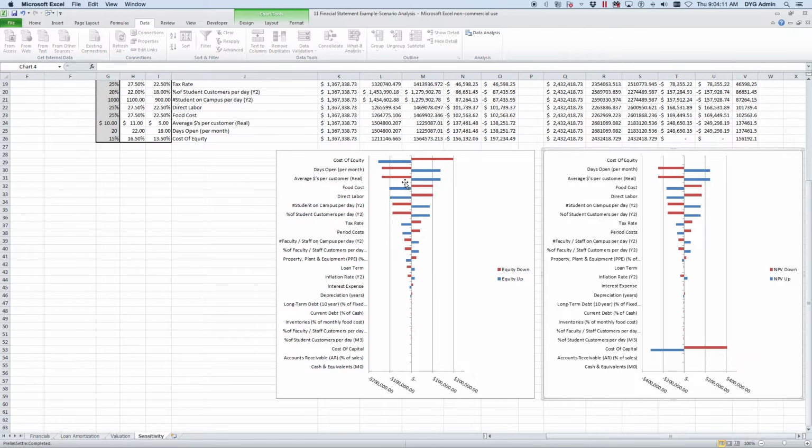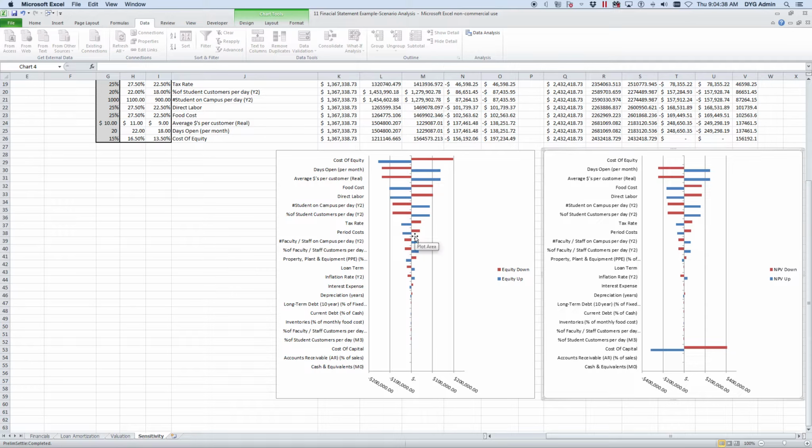It's a little bit confusing to read, but what you want to do is use the color to say, okay, I'm shifting down, and the direction is to the left, so you lose money. So shifting down on average dollars per customer causes me to lose money. Shifting up, because it's blue, causes me to gain money or value of equity, and so on. So that's the interpretation of it.